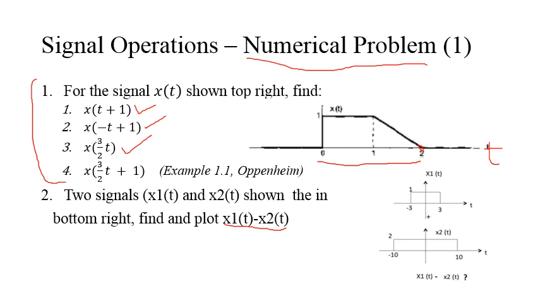The easy way to make the subtraction is to get minus x of 2t. So how can you find minus x of 2t? Once you find that, you add the two signals, right? So you get the resulting signal, which is x1 of t minus x2 of t.